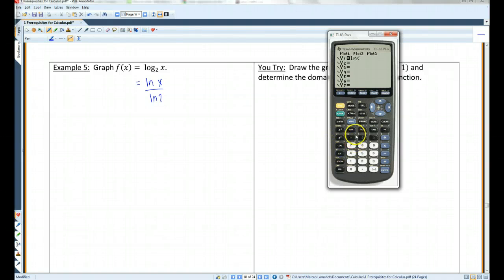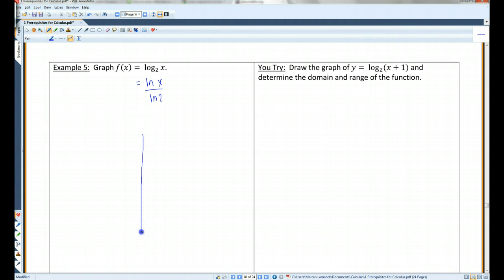So I've got ln of x over ln of 2. Graph. There we go. Something like that.